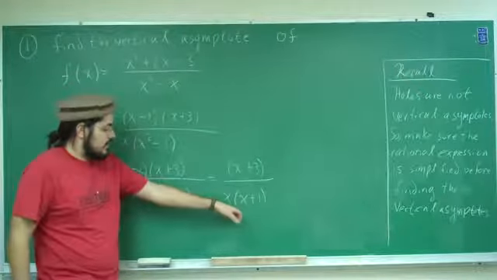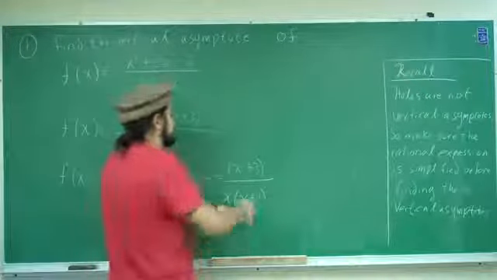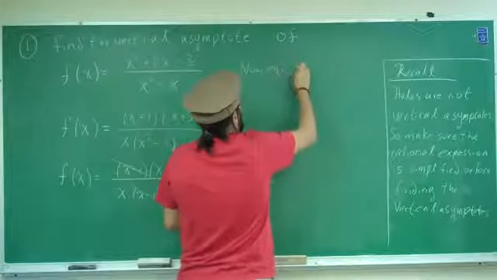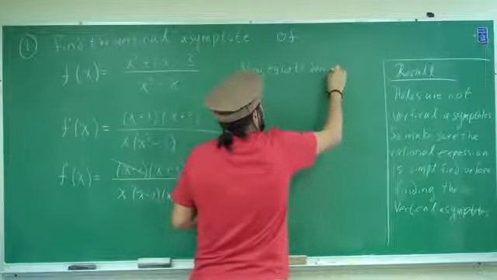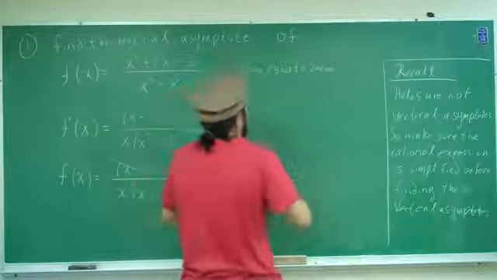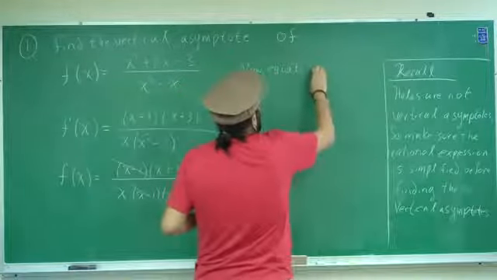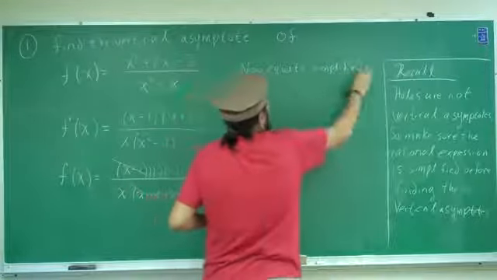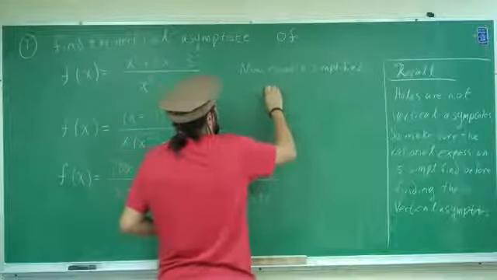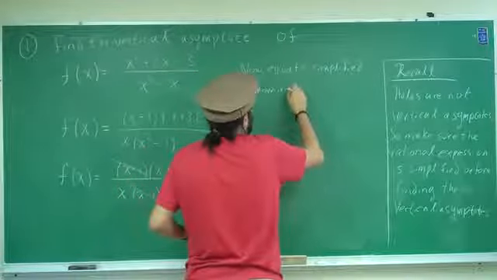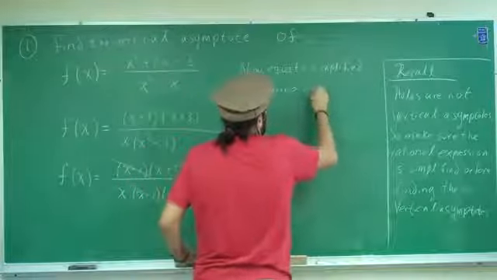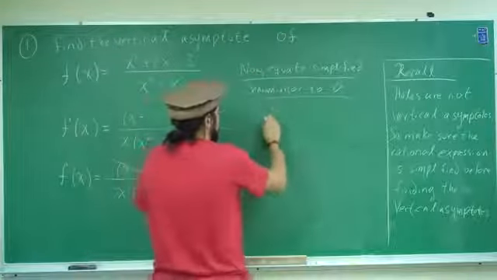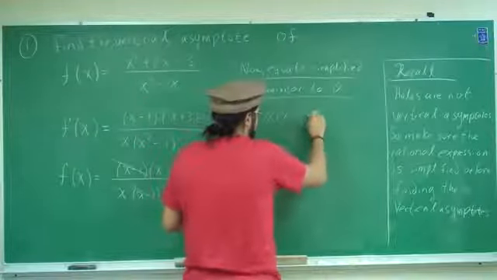Now we want to equate the denominator to 0 to find the vertical asymptotes. So we equate the simplified denominator to 0.